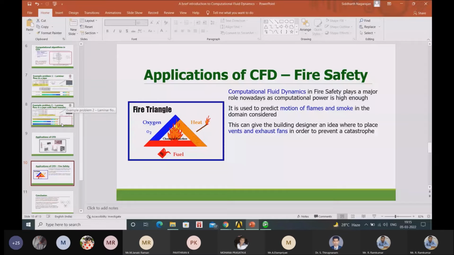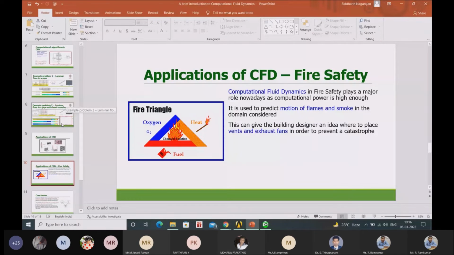And then you will try and verify it using a scaled down model. You would have all studied in fluid mechanics, assuming you're all second year or higher, about what is that called? The third chapter.